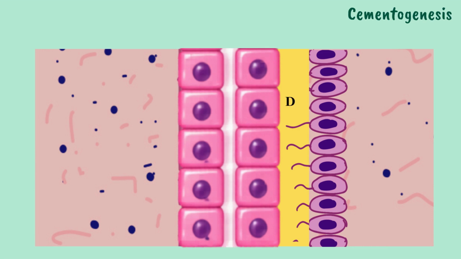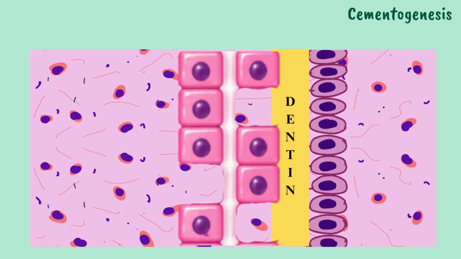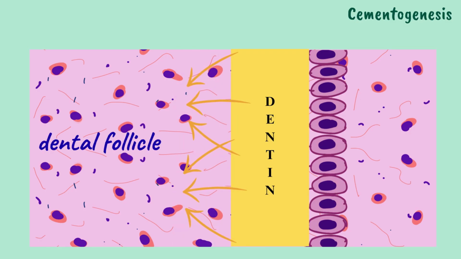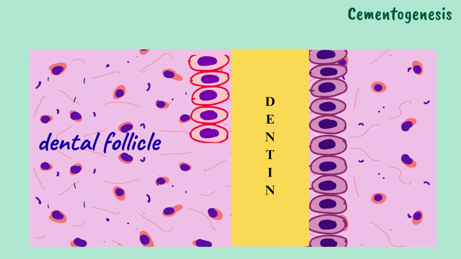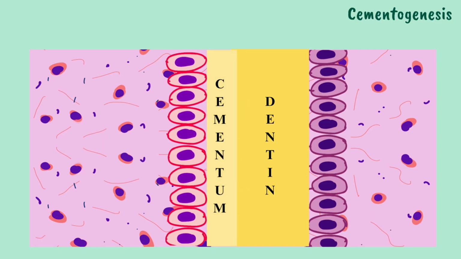This layer is structureless because the odontoblasts do not leave behind odontoblastic processes, and thus it is known as the hyaline layer. Subsequently, Hertwig's epithelial root sheath undergoes fragmentation, allowing the dentin to come in contact with the cells of the dental follicle. These cells differentiate into cementoblasts, which are responsible for cementum formation.